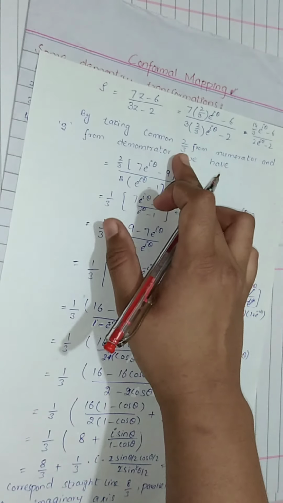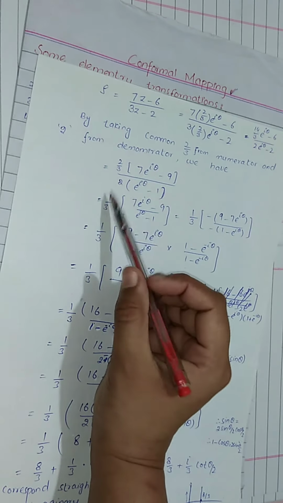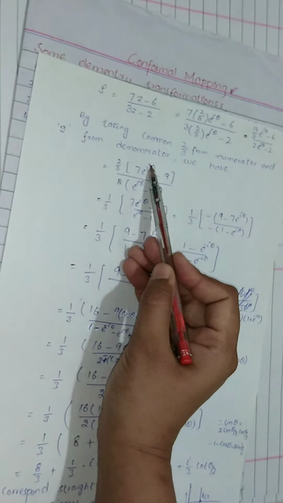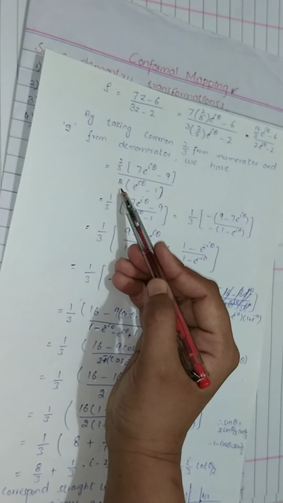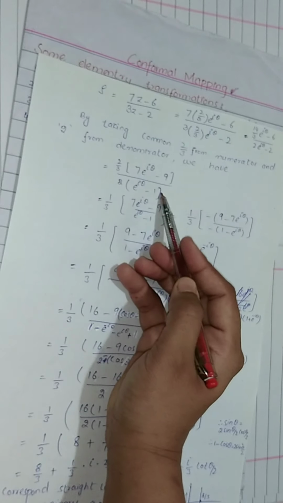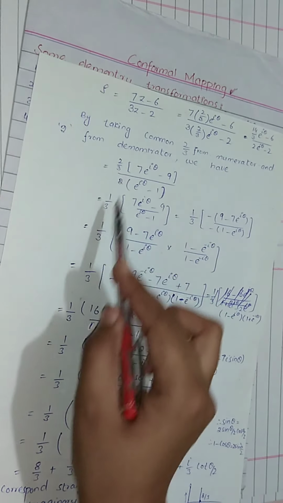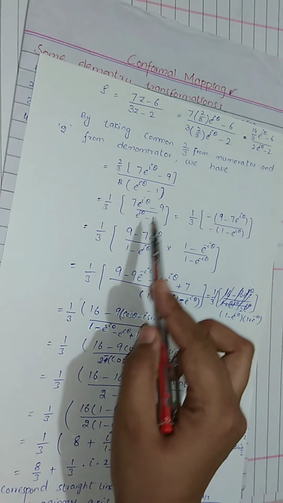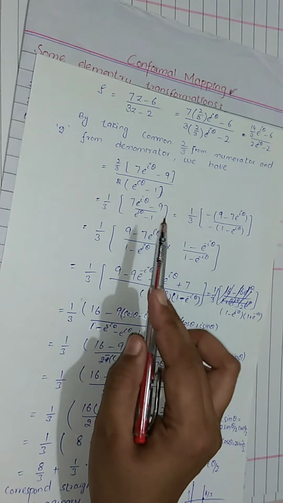By taking common 2 by 3 from the numerator and 2 from the denominator, we have 2 by 3 (7 e^(iota theta) minus 9) over 2 (e^(iota theta) minus 1). The 2 cancels, so we have 1 by 3 into (7 e^(iota theta) minus 9) over (e^(iota theta) minus 1).